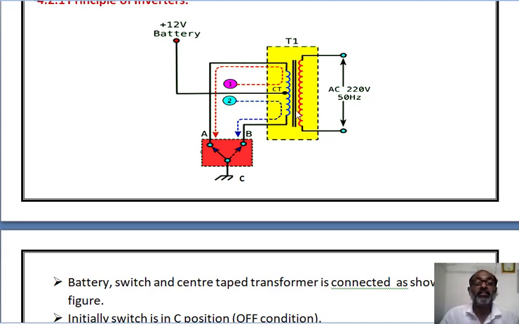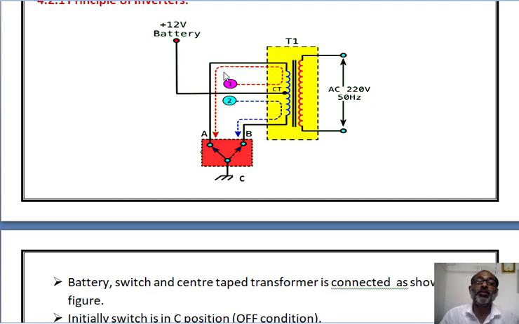That's why in the second case the flux is produced in the core in the reverse direction. So the EMF induced in the secondary winding of transformer T1 is also reversed. Flux is reversed, that means the EMF is also reversed. So the current passing through the load is also reversed.